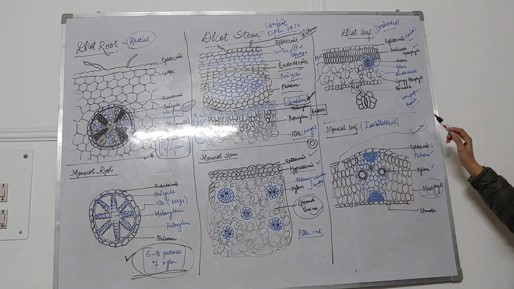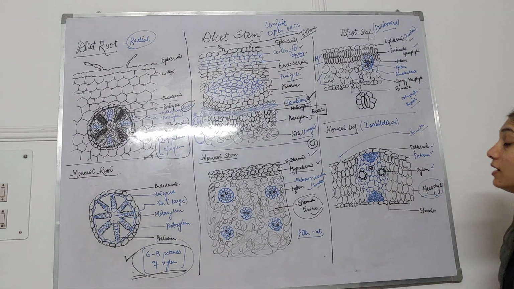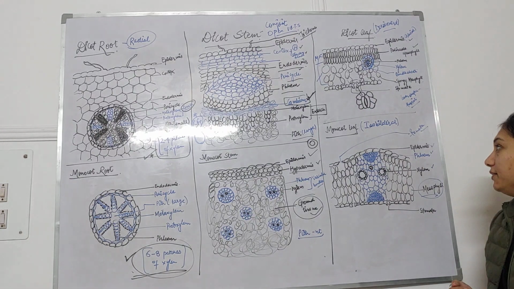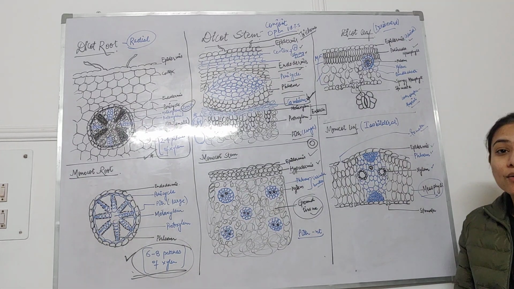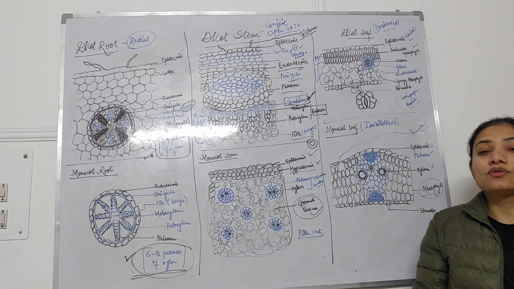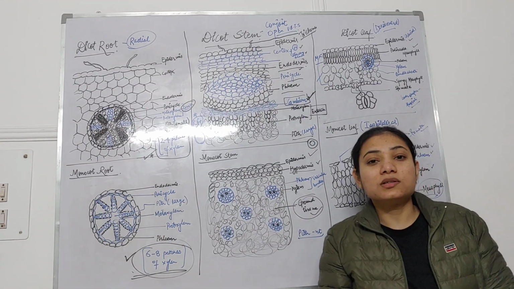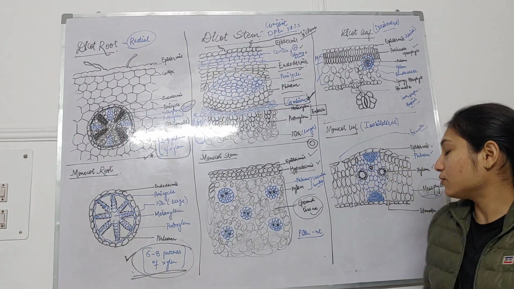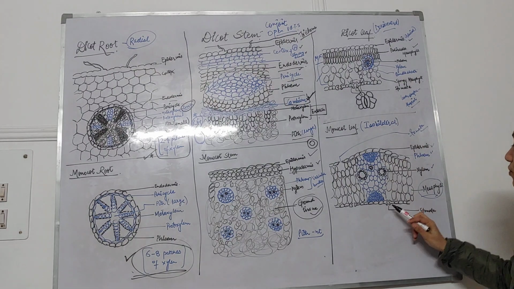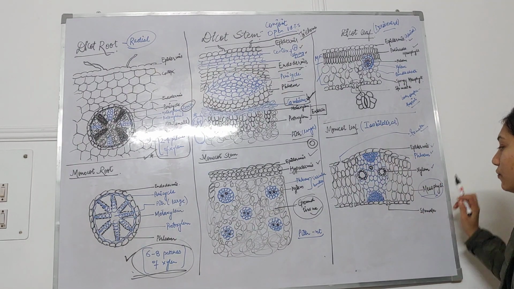Now we will see how it is different from the monocot leaf. The monocot leaf is also called an isobilateral leaf because stomata are present on both the lower and upper surfaces of the leaf.